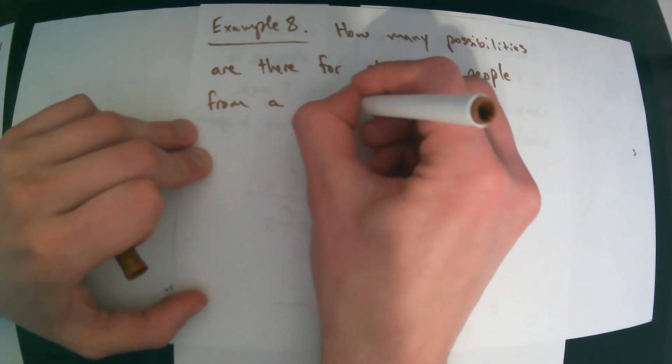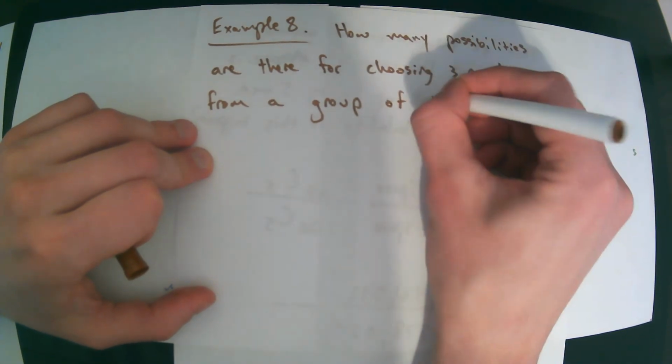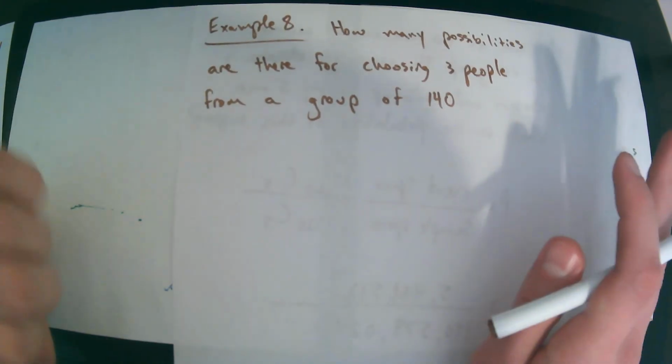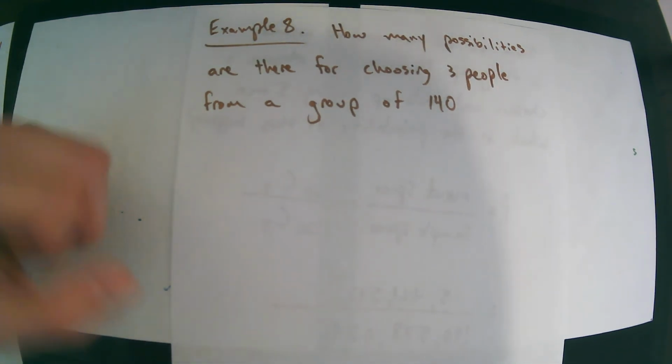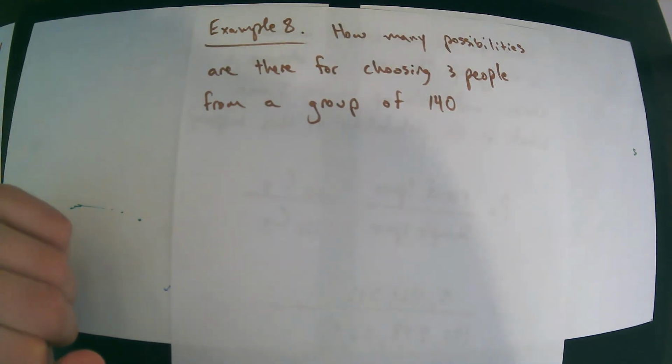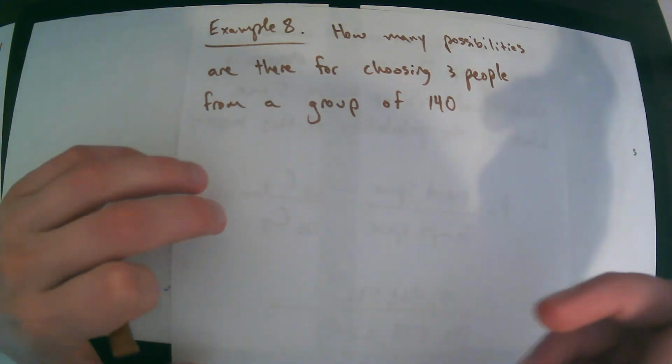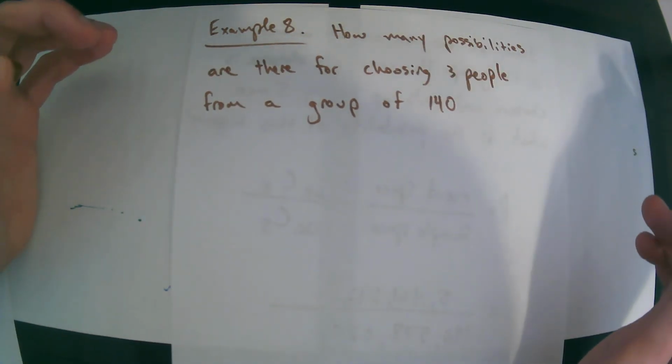Now, if I left it just like this, it would be a combination problem. But the point is, they say the top 3 positions. That implies that there's an order to them, like first, second, third. So order is going to matter here.